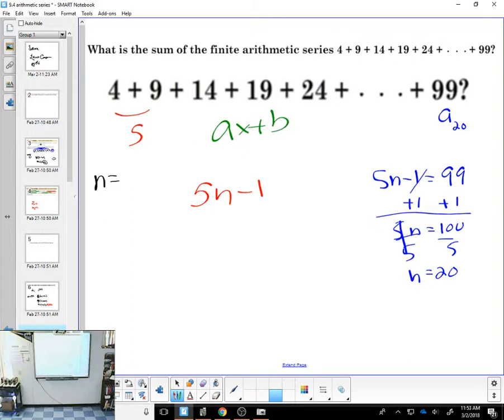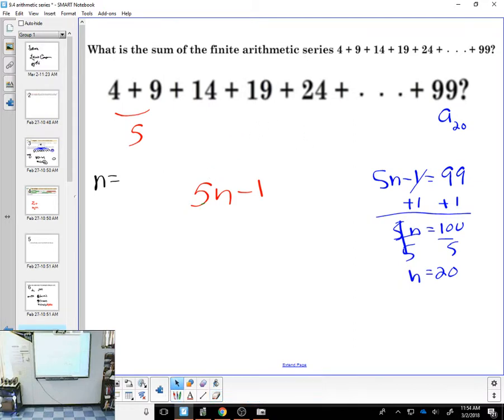In this case, not AX plus B, but DN plus some constant. Common difference, N plus something, or minus something. Does it always have to have that? No, not really. You could probably add nothing to it.